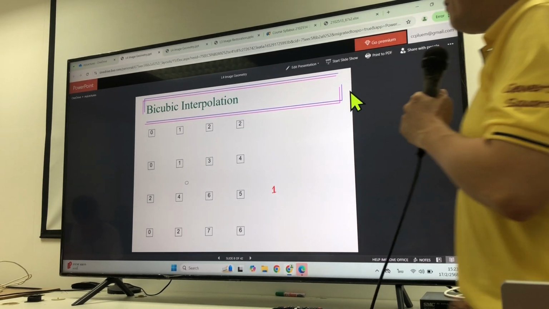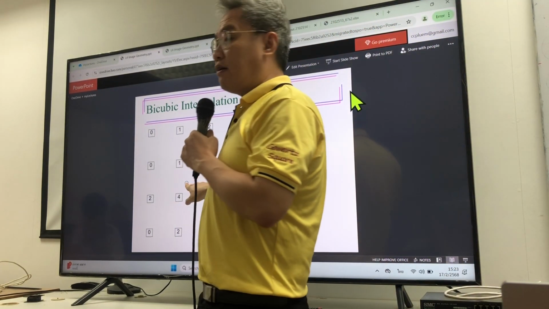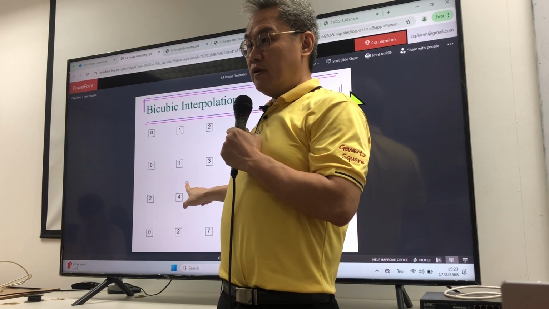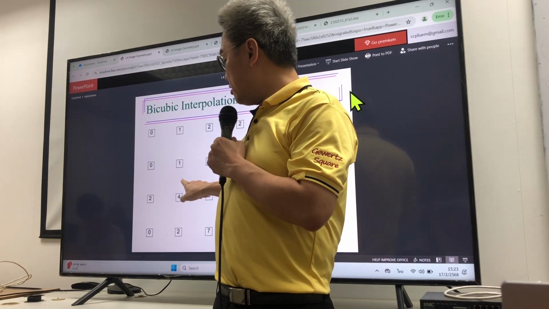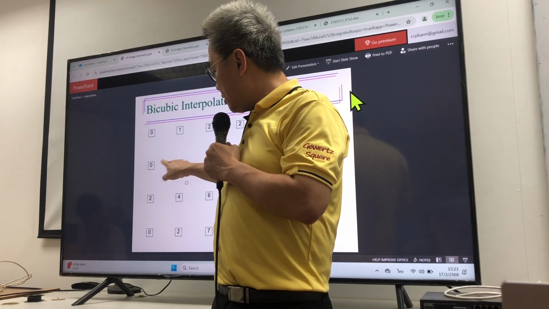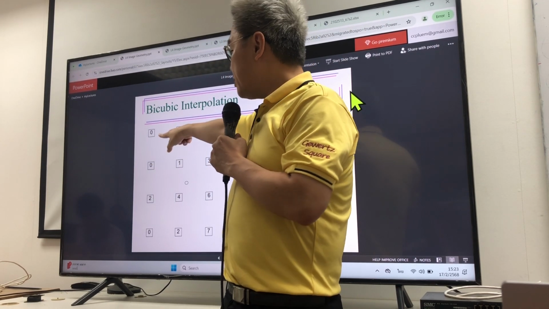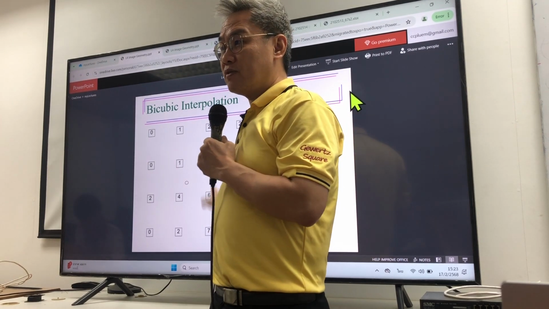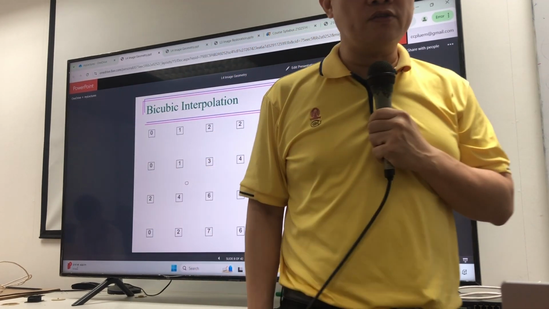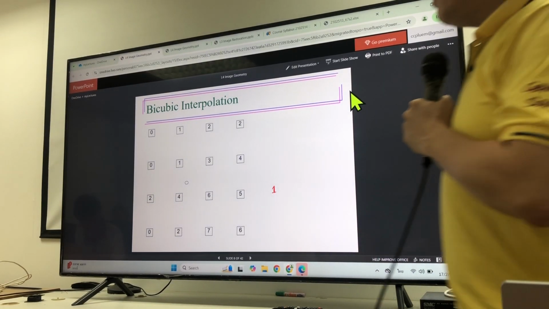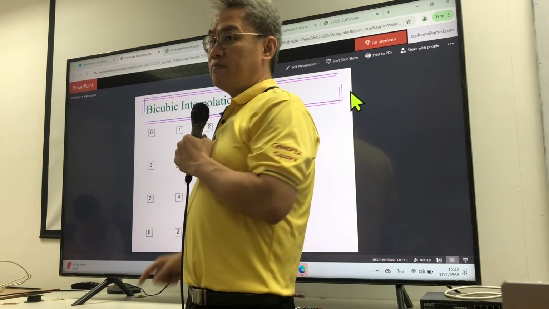Suppose you want to find the value of the pixel here. What do you have to do? Bicubic in one dimension needs 1, 2, 3, 4 pixels. In 2 dimensions you need 16 pixels, and then you take the bicubic in there.